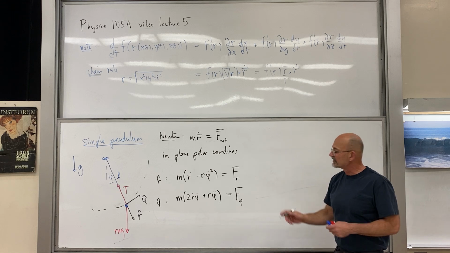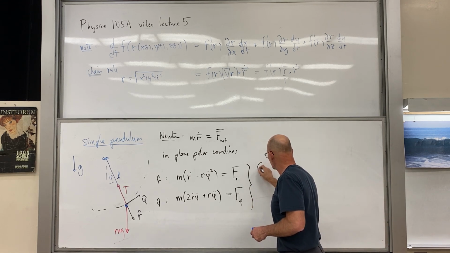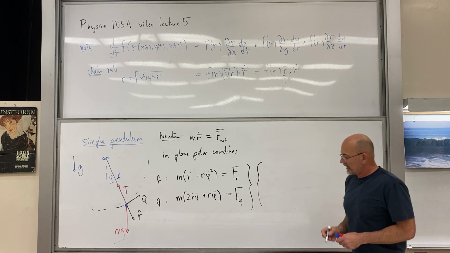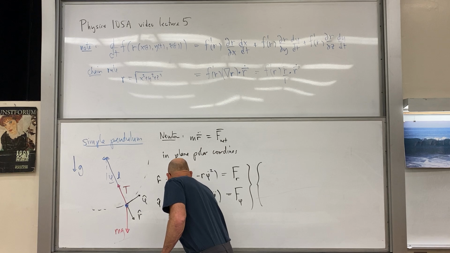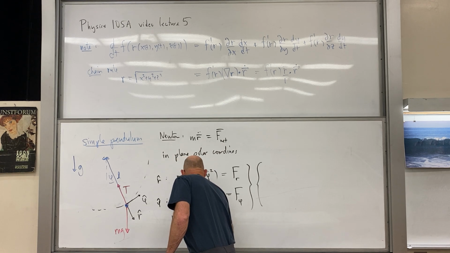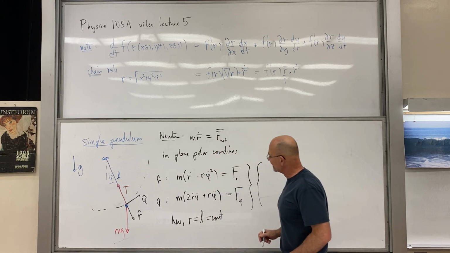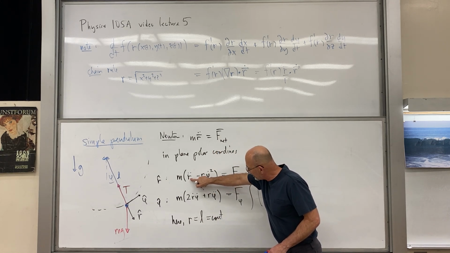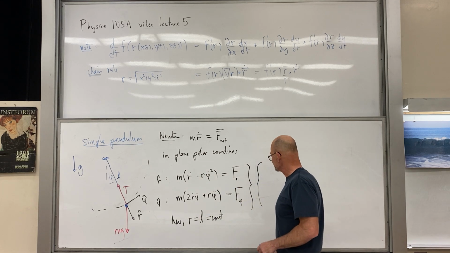I'll work on the right side of the board here. We want to translate this, and we're going to say that here r is equal to L, a constant. So all the derivatives of r, like r dot and r second derivative, go away.